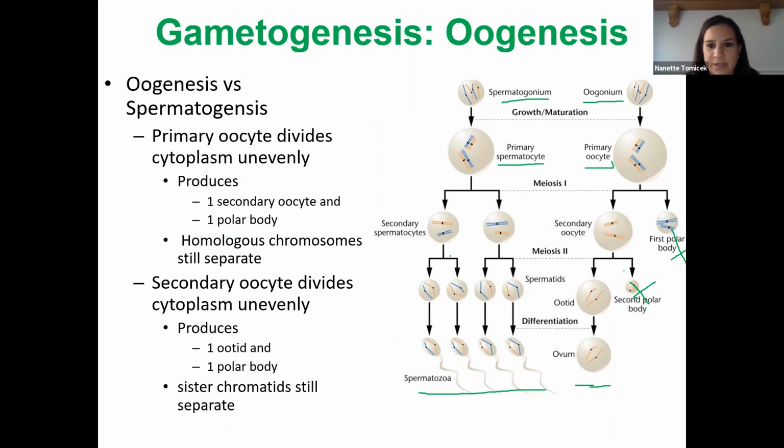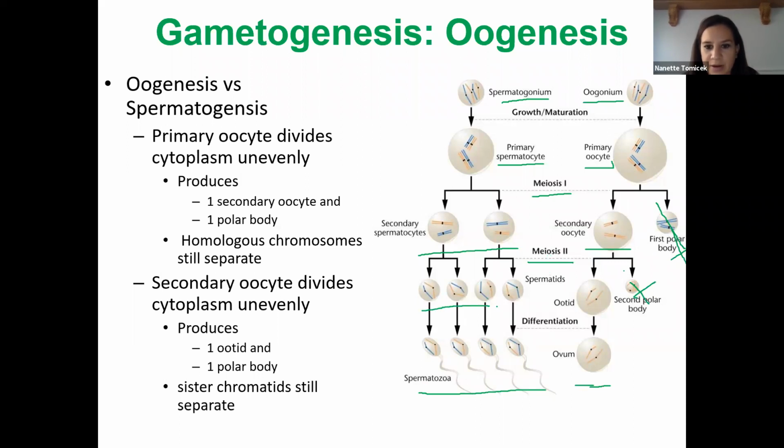But again, whenever we start going through that first meiotic division, we end up with 2 secondary spermatocytes, but 1 secondary oocyte and then 1 polar body that gets the unfair deal of not getting enough cytoplasm to be worth our while to keep around. So then we go through meiosis 2.